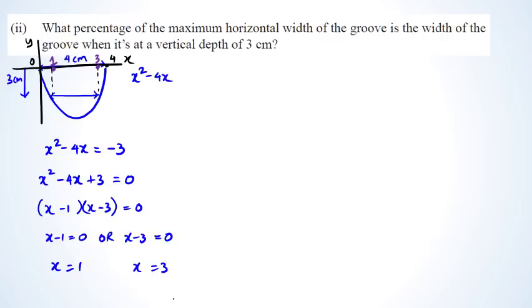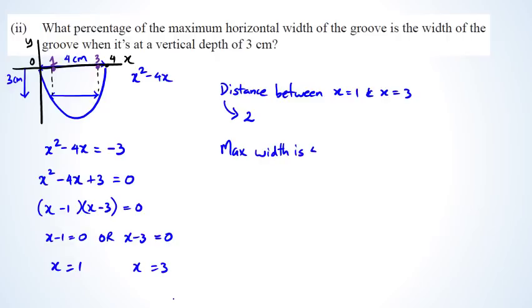That's the 2 points. So we can basically say the distance between x equals 1 and x equals 3 is equal to 2. And because the maximum width is 4, 2 over 4 gives us the percentage.